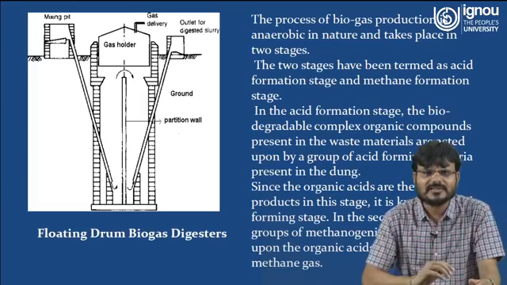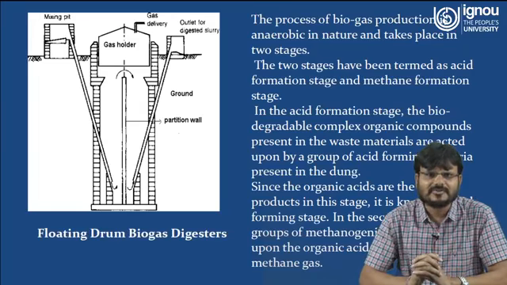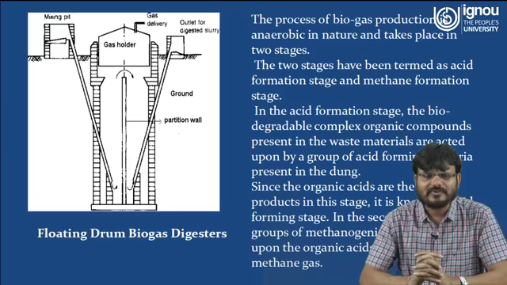Here you can see a floating drum biogas plant. There are different units like gas delivery, gas holder, outlet, inlet and mixing pit. The process of biogas production is anaerobic in nature and takes place in two stages, termed the acid formation stage and the methane formation stage.